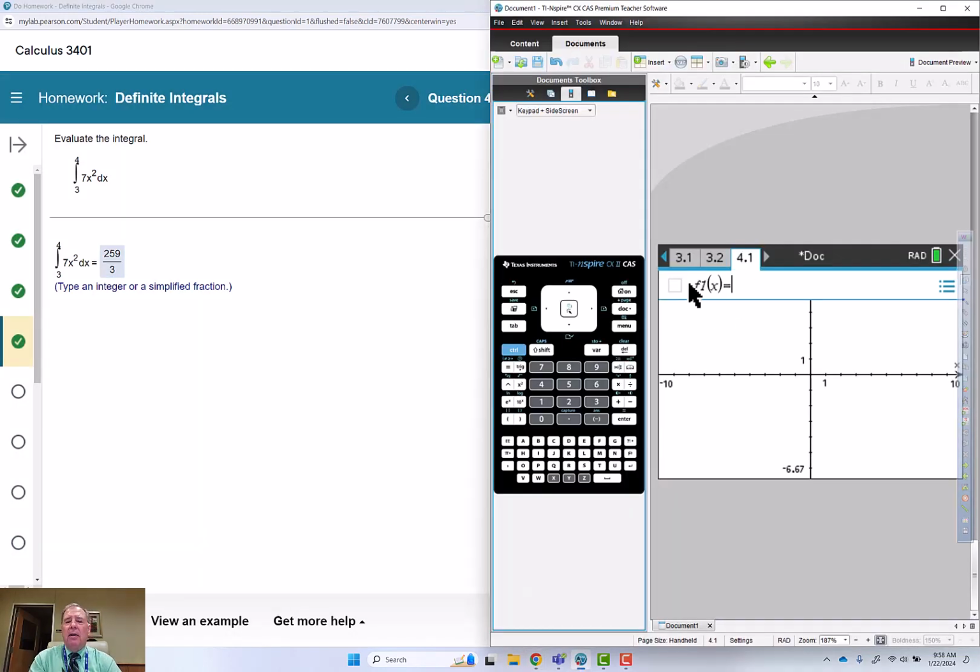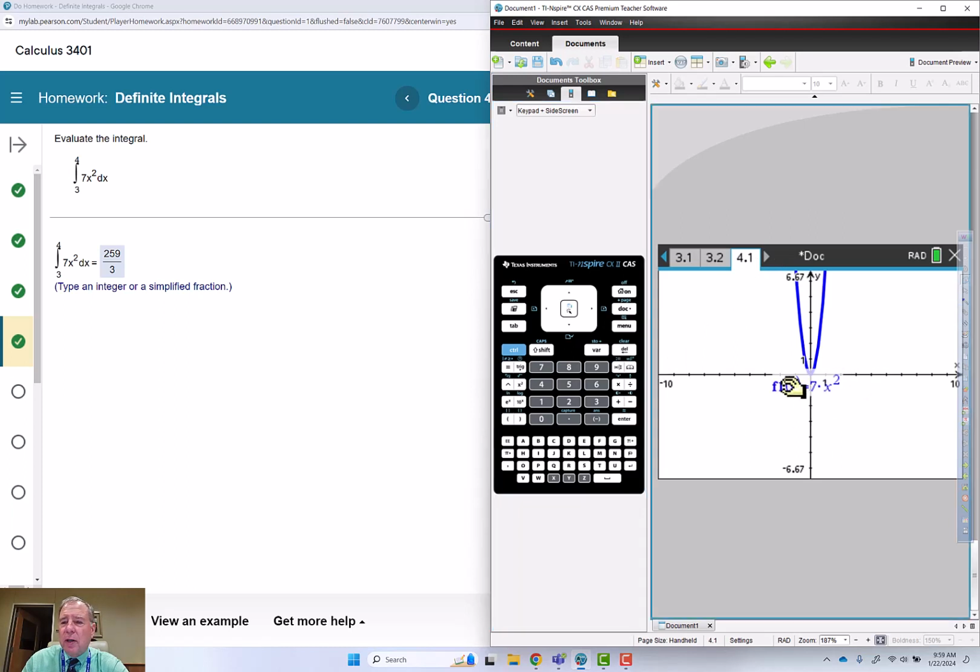So I've got f of x here in a graph page, 7x squared. Now that's going to be a vertically stretched upward facing parabola, and we're only going from 3 to 4, so I don't need this whole x for the window, but I do need quite a bit more vertical.